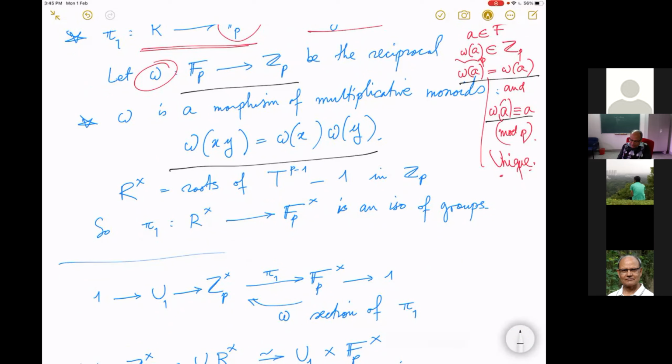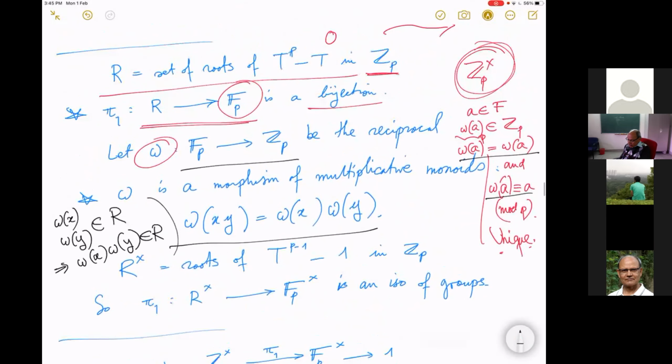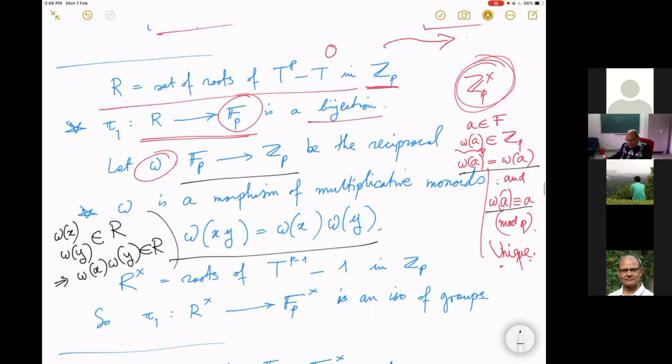So of course you have to check first that if omega x and omega y are in R, then omega x times omega y is also in R. In other words, what you have to check is that this set R is stable under multiplication. I mean, that should be clear just from this.